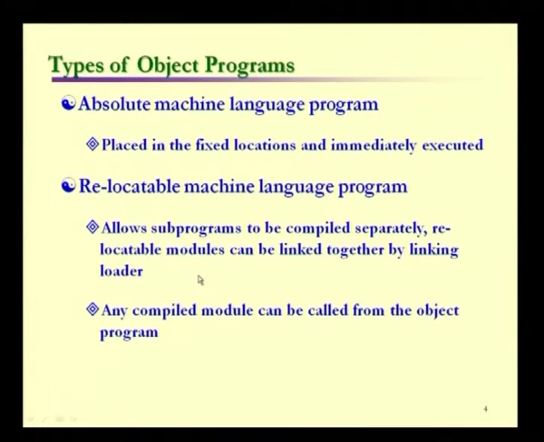A very important advantage of these relocatable machine language programs is that they do not need to be reserved a specific memory for execution. We can go for any free memory; you just load it onto the free memory available. Normally we put relative addresses rather than absolute addresses.